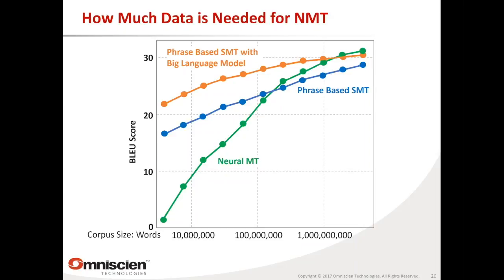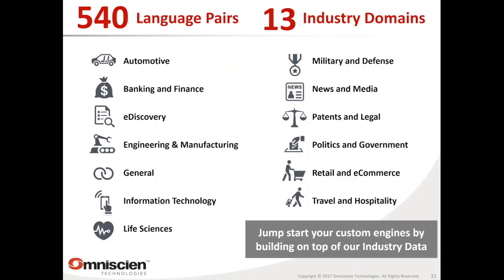Now, with that said, we have a large amount of data that you can use from a foundation perspective and also from an industry perspective to build on top of, so that you need a much smaller amount of data. We also do data manufacturing. I'll talk about that shortly.